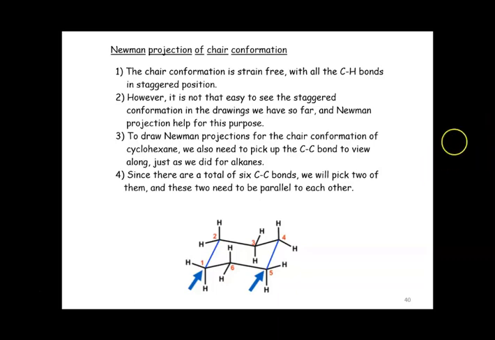Since there are a total of 6 carbon-carbon bonds, we will pick up only 2 of them. Here we have taken the carbon-carbon single bond between carbon number 1 and 2 and the carbon-carbon single bond between carbon number 5 and 4. These 2 parallel bonds are taken into consideration from which we want to observe the structure.